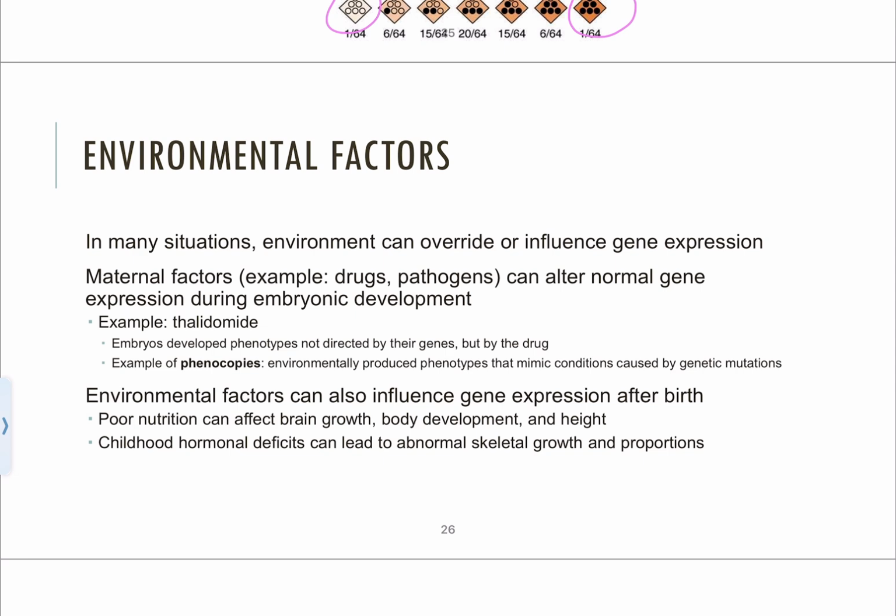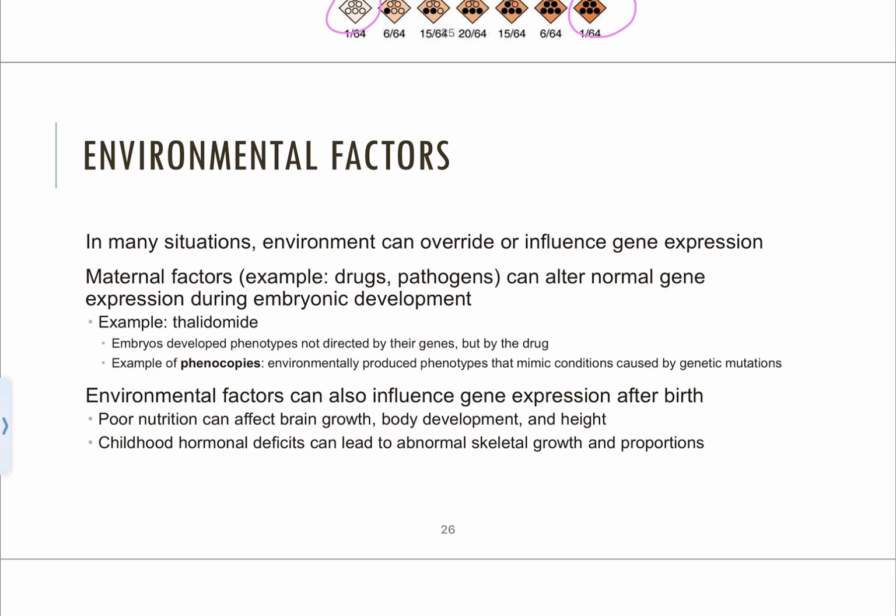What they found is that embryos developed phenotypes that were not directed by their genes, but were directed by this morning sickness drug. This is an example of phenocopies. When we refer to the term phenocopies, that means these phenotypes are produced by our environment. They weren't produced genetically.